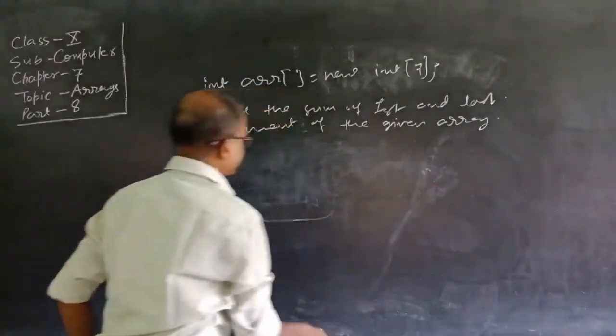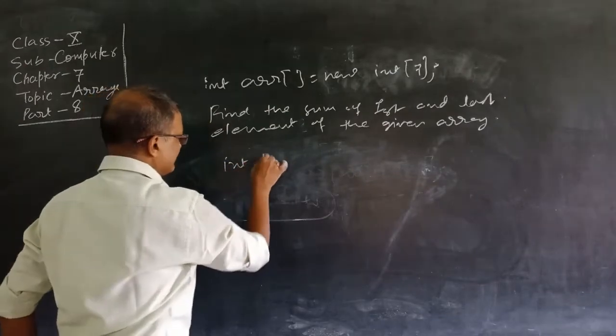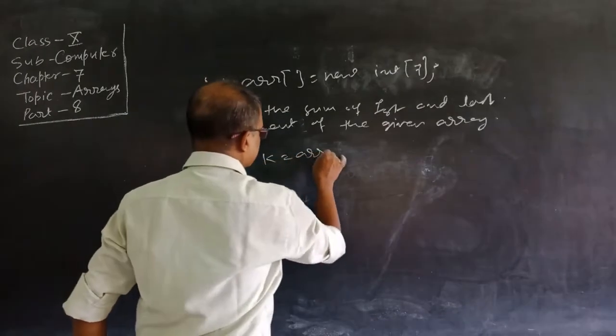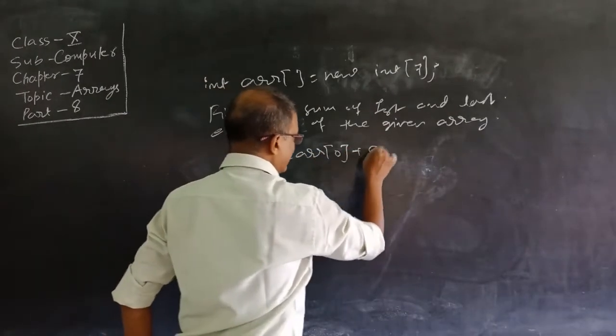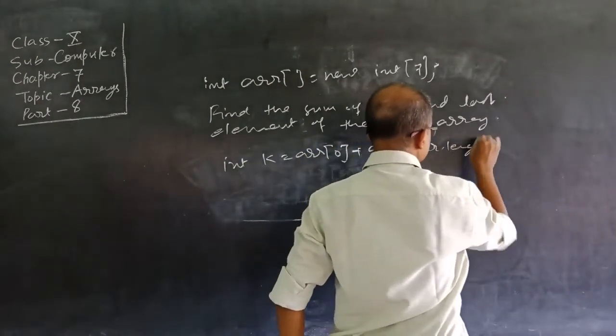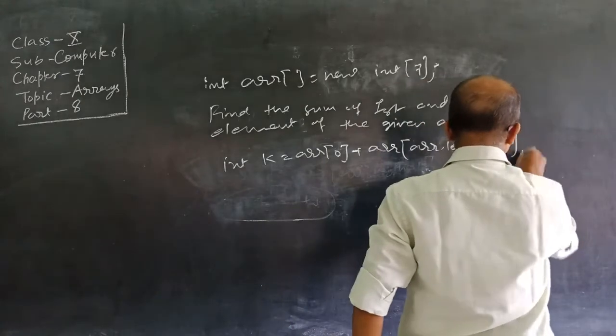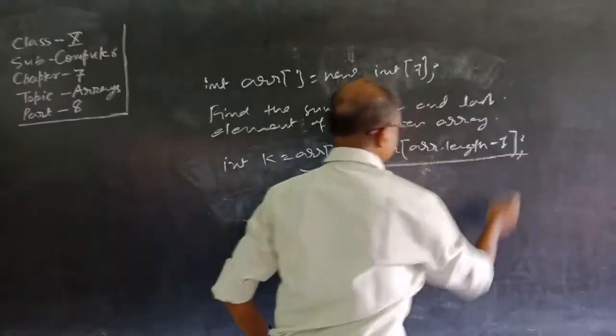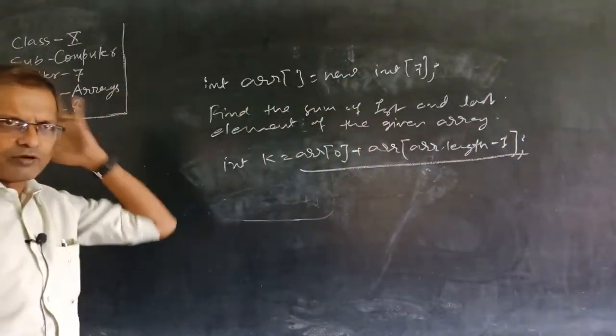You will simply write here int k equal to arr[0], this will be the first element, and the last element will be arr.length minus 1. This is the syntax to find the first and last element of the array.